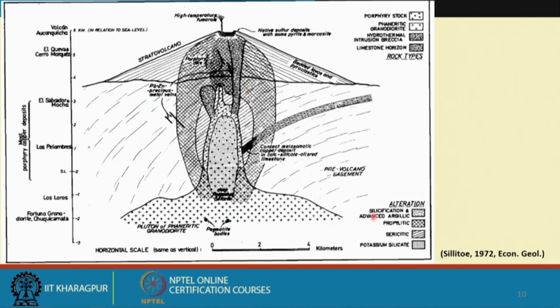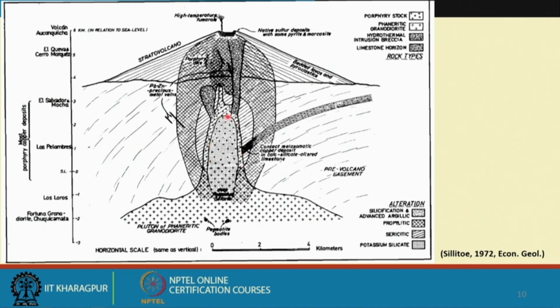We will discuss the different alteration zones, but these deposits are essentially characterized by the alteration zones which surround the mineralized small plug-like body, and it has a very characteristic porphyritic texture, from which the name porphyry type deposit is derived.